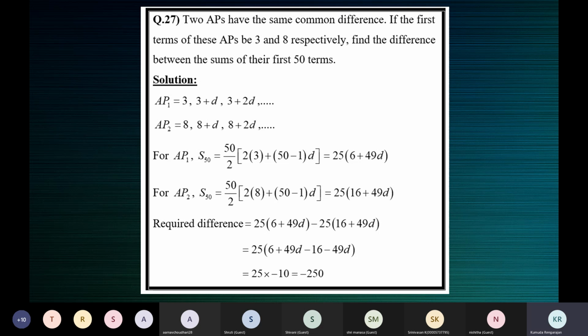Work out the answer and ask me your questions, doubts, if any.